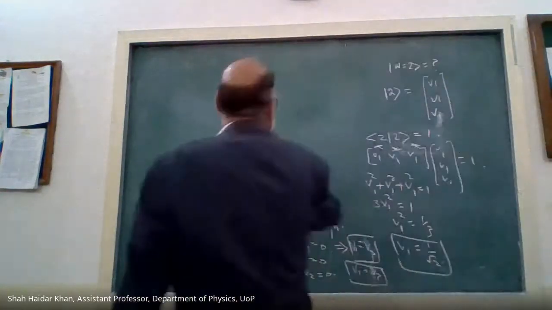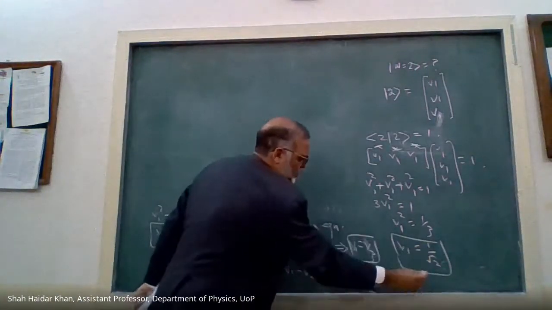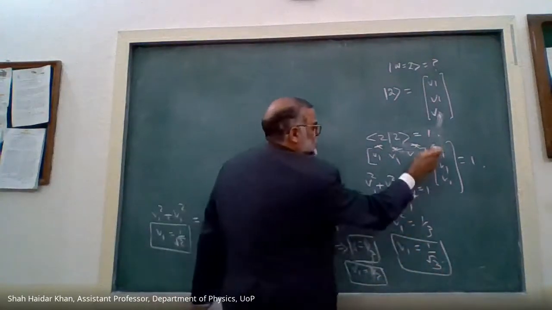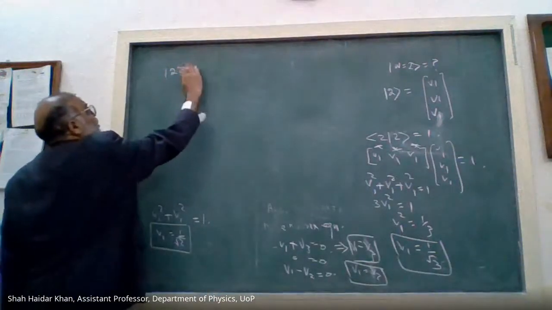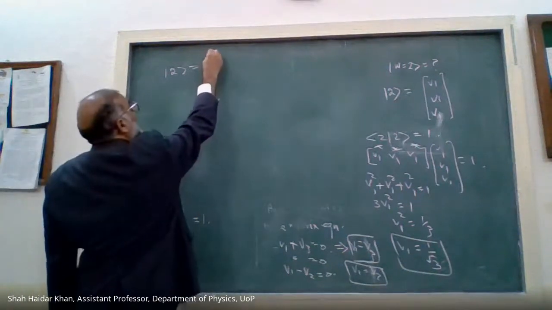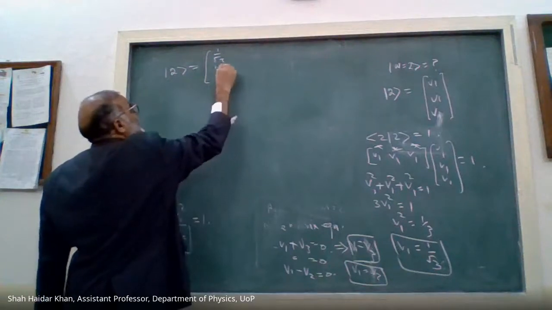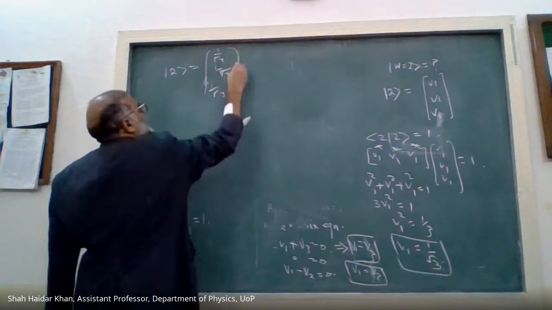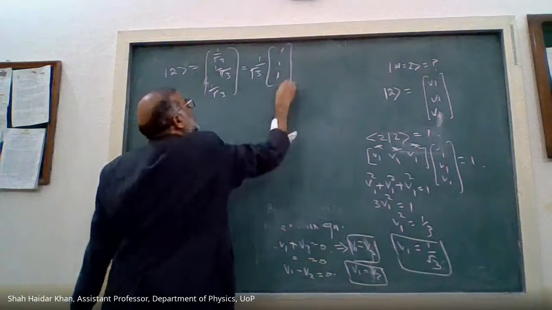We put V1 equal to 1 over square root of 3, and so the vector will be 1 over square root of 3 times 1, 1, 1.